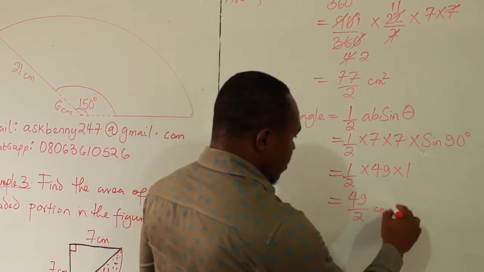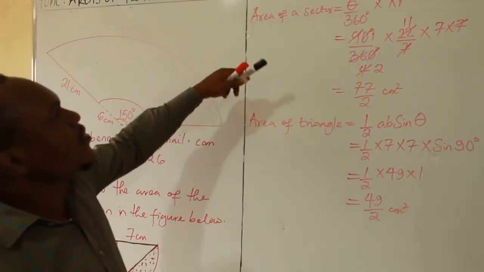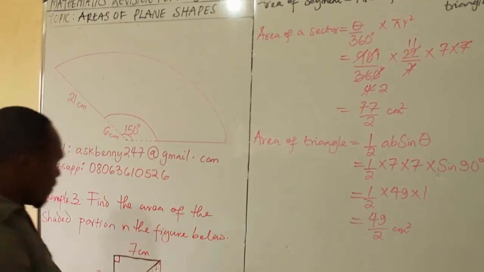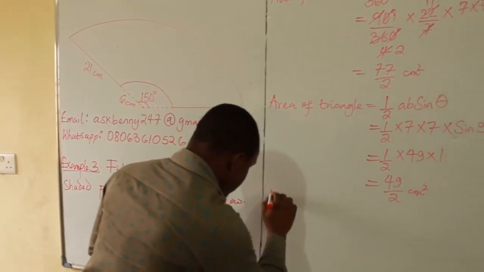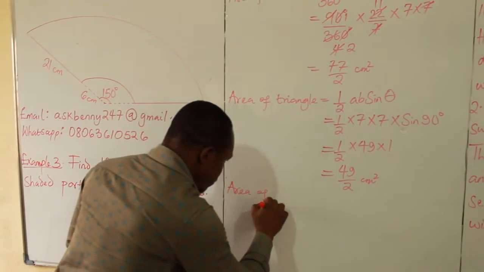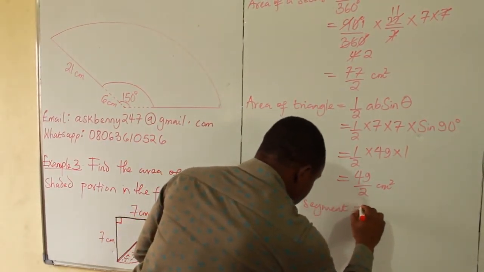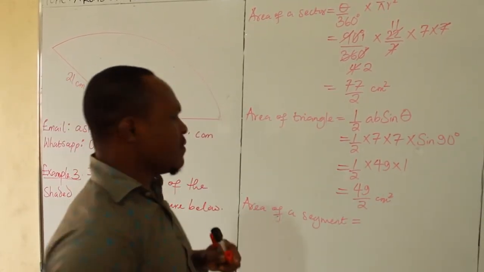So the area of our triangle is 49/2 centimeter squared. Since we have been able to find the area of the sector and the area of the triangle, the area of our shaded portion, which is the area of the segment, is equal to the area of the sector minus the area of the triangle.